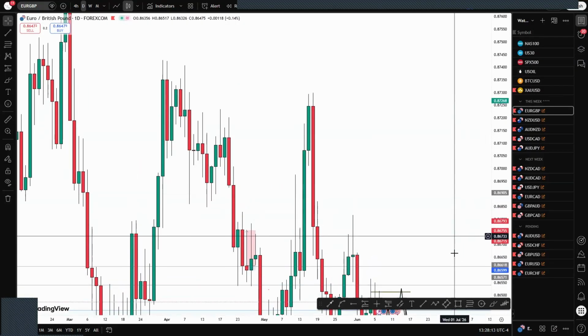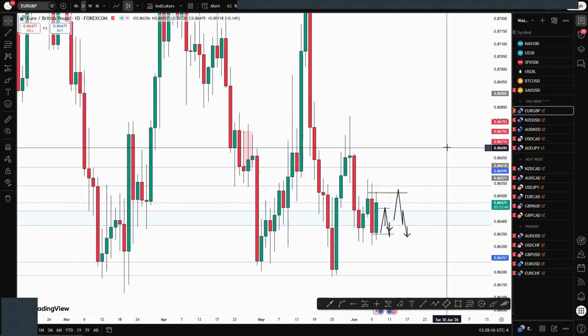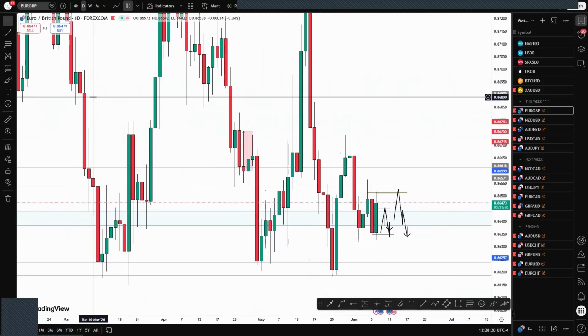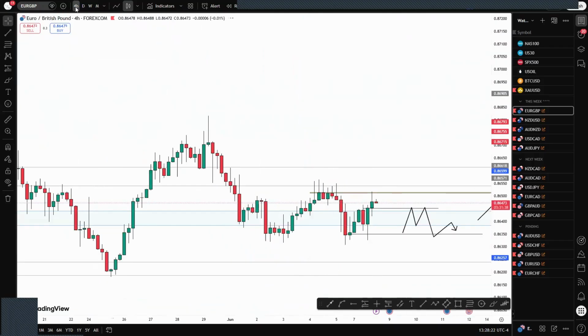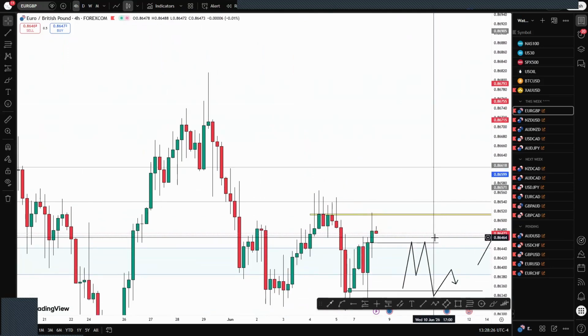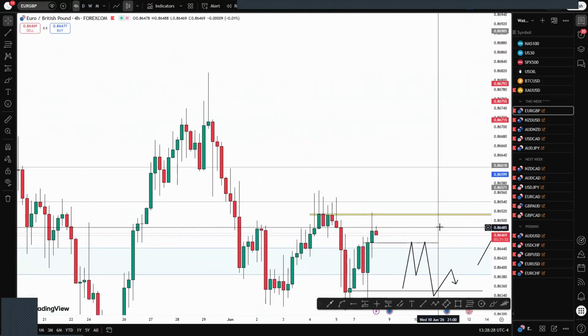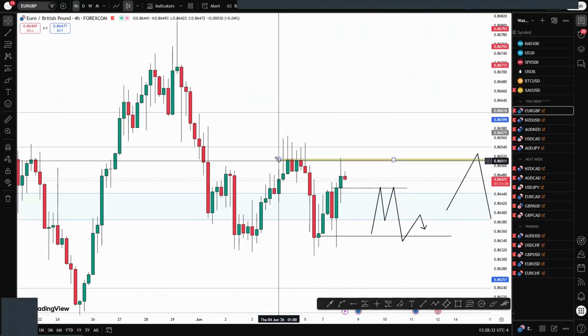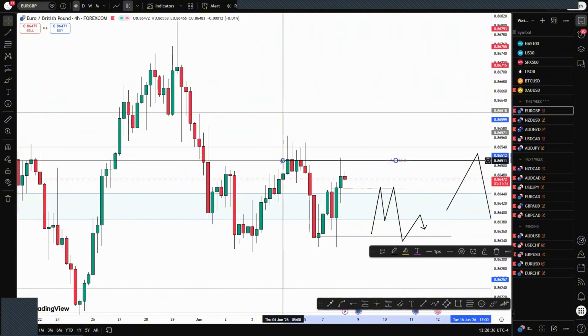Euro GBP. Remember what I was showing you? The price is most likely to buy at this point. And that's what price is aiming for. You see? So it almost took out the price level that we were waiting for.